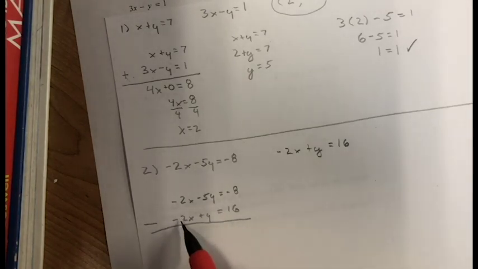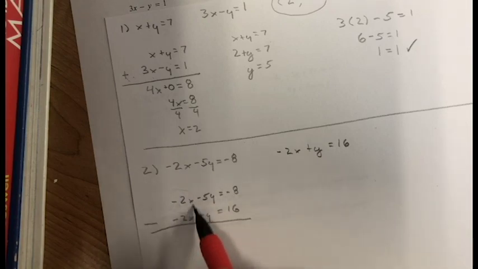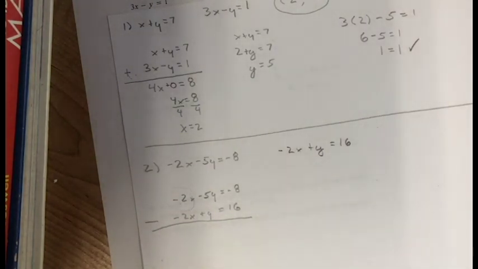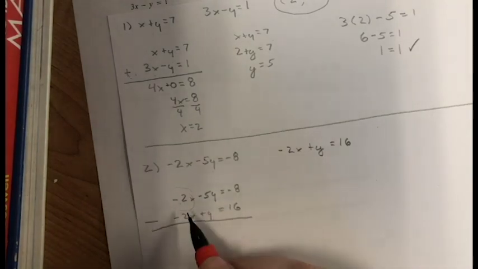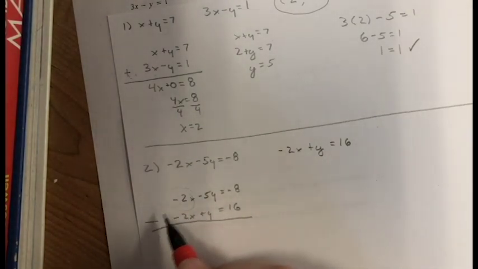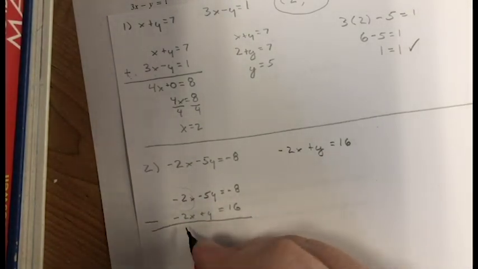This right here is not the subtraction symbol that we're using. I'm not going to go negative 2x minus 2. I'm doing negative 2x minus a negative 2x because they are the same coefficient. And when I do that, a negative 2x minus a negative 2x gives me 0.